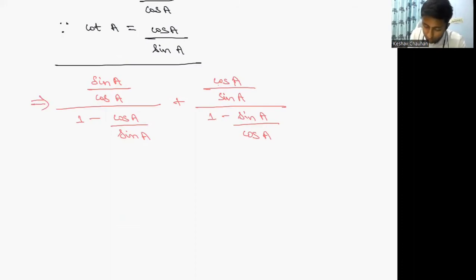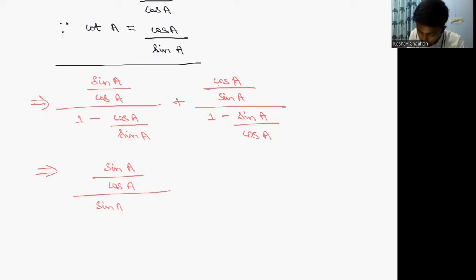Now we'll simplify it further, taking LCM in the denominator. Sin A upon cos A upon sin A minus cos A. LCM would be sin A only.